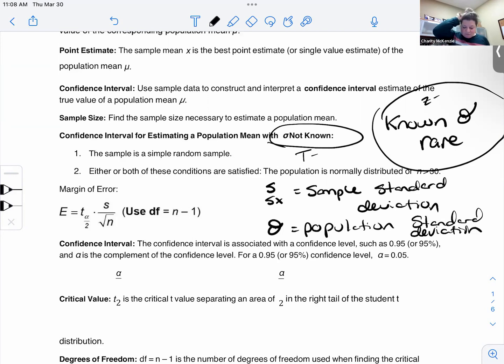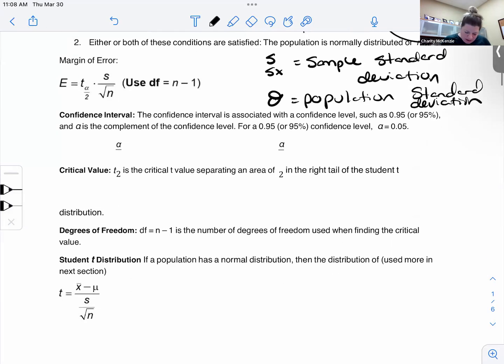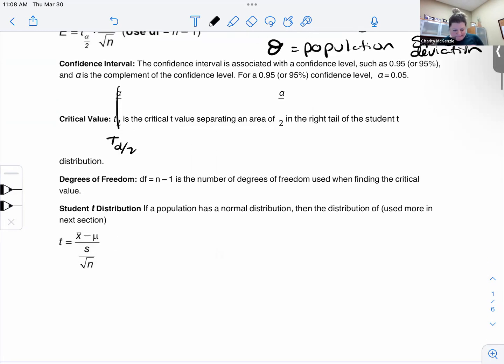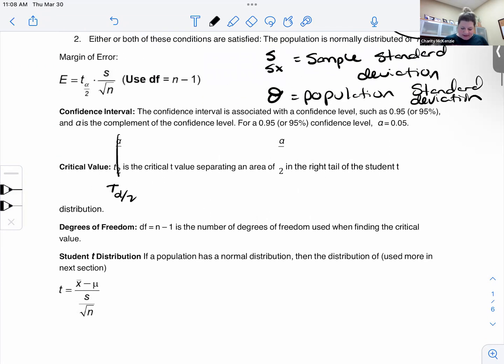So when we go to set up a confidence interval, this symbol on yours should look normal, but it's just this two-tailed symbol. The degrees of freedom is new. Okay, so it has it up here too. Degrees of freedom is just how many numbers in your sample minus one.